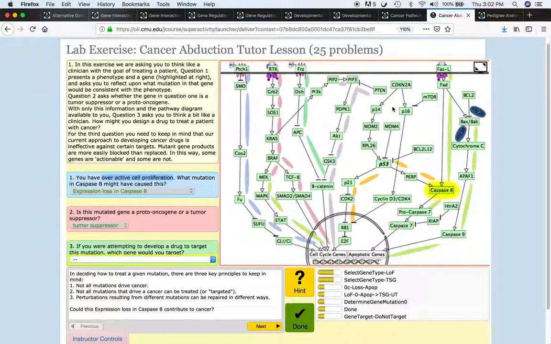And again, we have shown that while this tutor was designed for college biology majors, primarily at Carnegie Mellon, but other places around the country, we have introduced this very successfully at several high schools, and high school students in AP biology and honors biology are very capable of learning this, and the learning gains that we have seen are comparable to the learning gains that we've seen in biology majors at several universities.